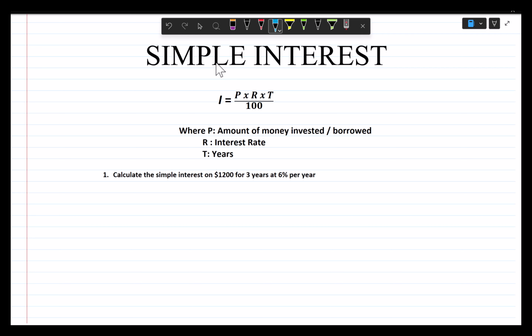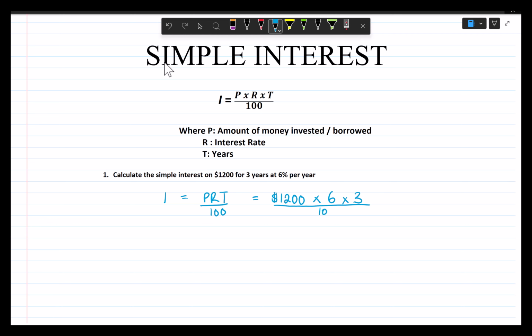Number 1, calculate the simple interest on $1,200 for 3 years at 6% per year. The formula again is I is equal to PRT all over 100, which is equal to, our P is 1,200 multiplied by the rate, which is 6, multiplied by the time in years, which was 3.